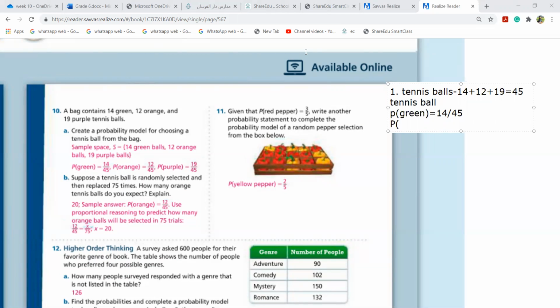Let me put this here so that you don't see. Zishan, tell me the probability of orange balls. Look into the question, orange tennis ball.